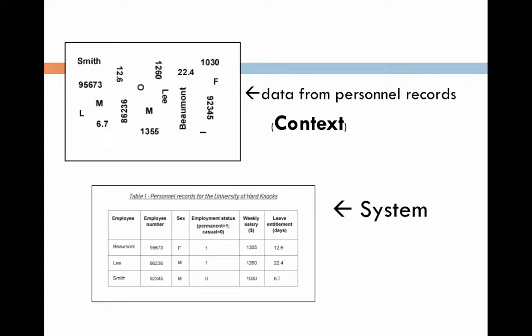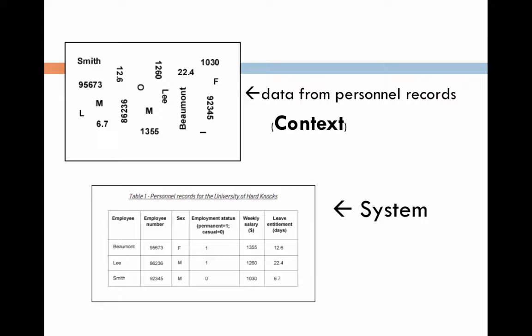Another thing you might infer would be looking at days off. There's a discrepancy between Beaumont and Lee, but of course that could be that Beaumont's just taken a vacation or has recently been sick. But you can see already how the table organizing the data into a system begins to allow us to make inferences about the information we're looking at.